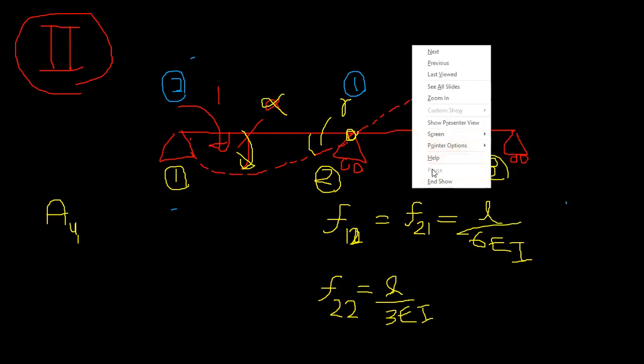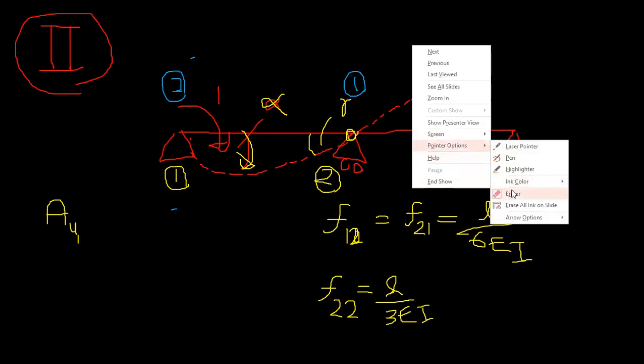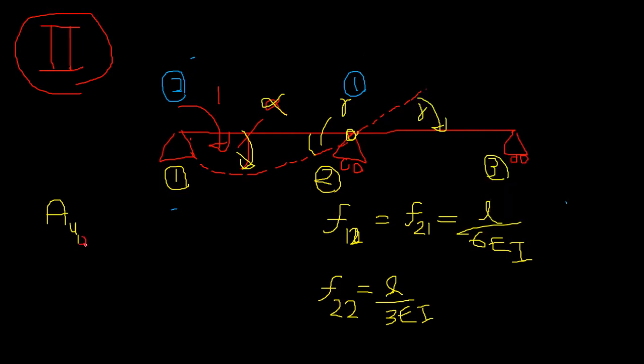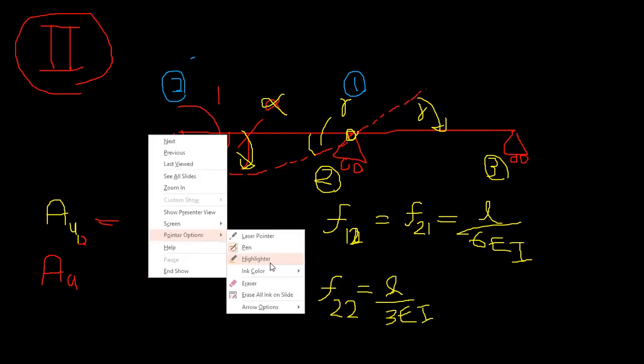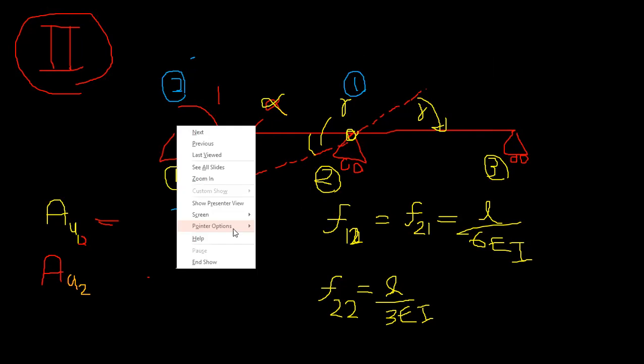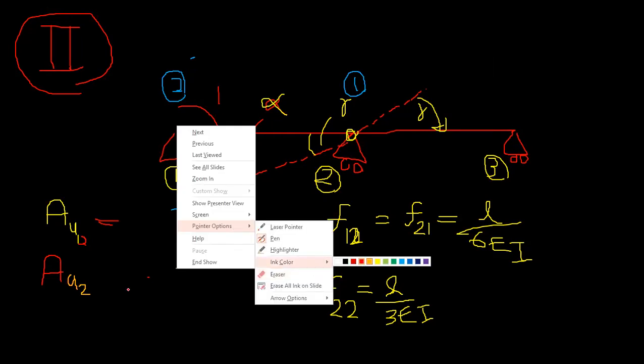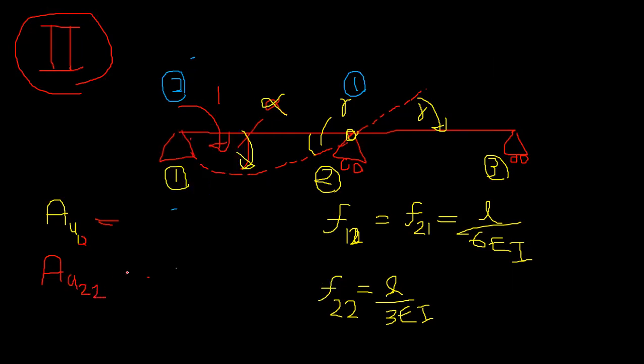So action at action coordinate 1 due to the unit redundant at second coordinate. Actually, 1 and 2 are the same. This is action at action coordinate 2 due to the redundant at 2.